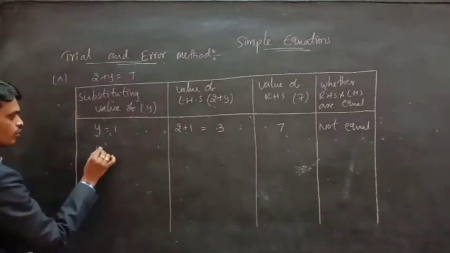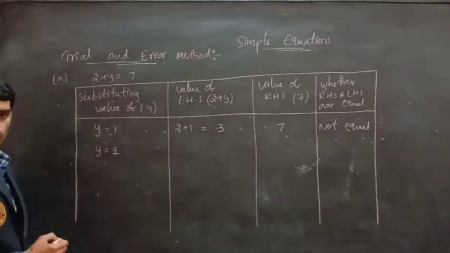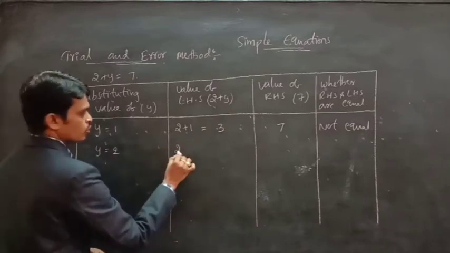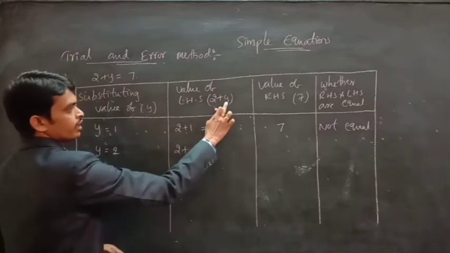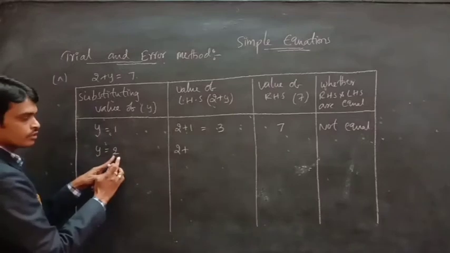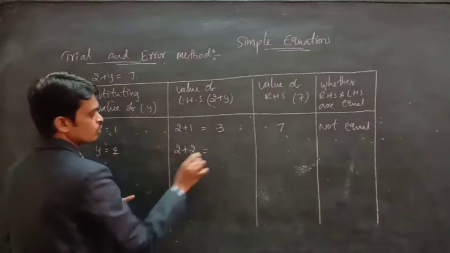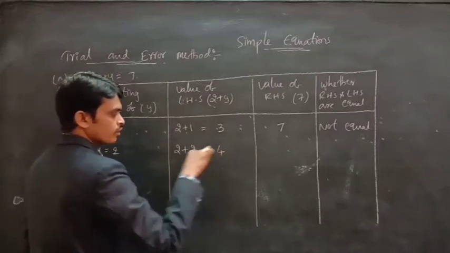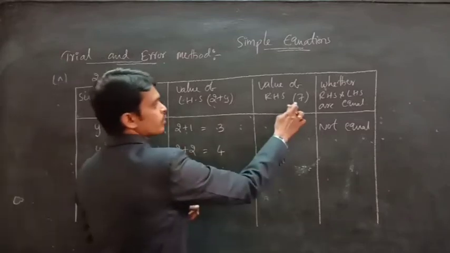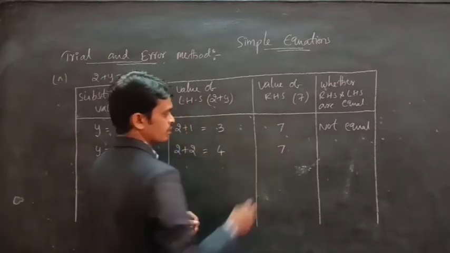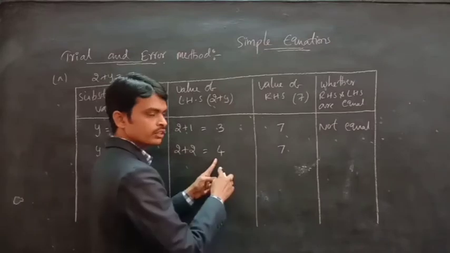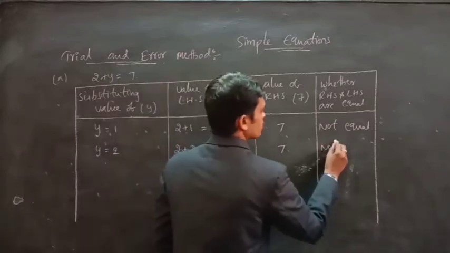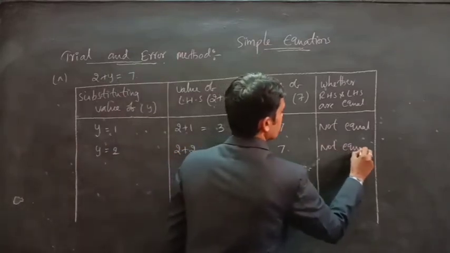Now let us take y is equal to 2. Now 2 plus y. In the place of y what do we substitute? 2. So 2 plus 2 is how much? 4. So what is the RHS value? 7. Are 4 and 7 equal? No, not equal.